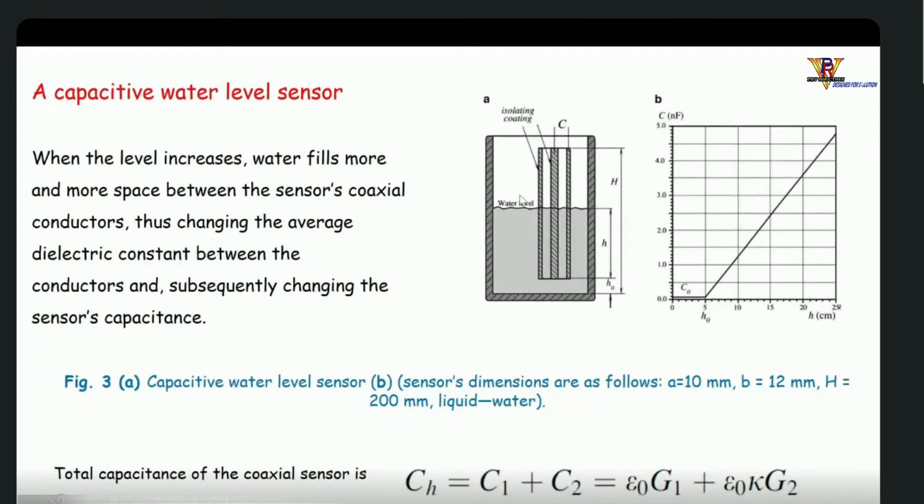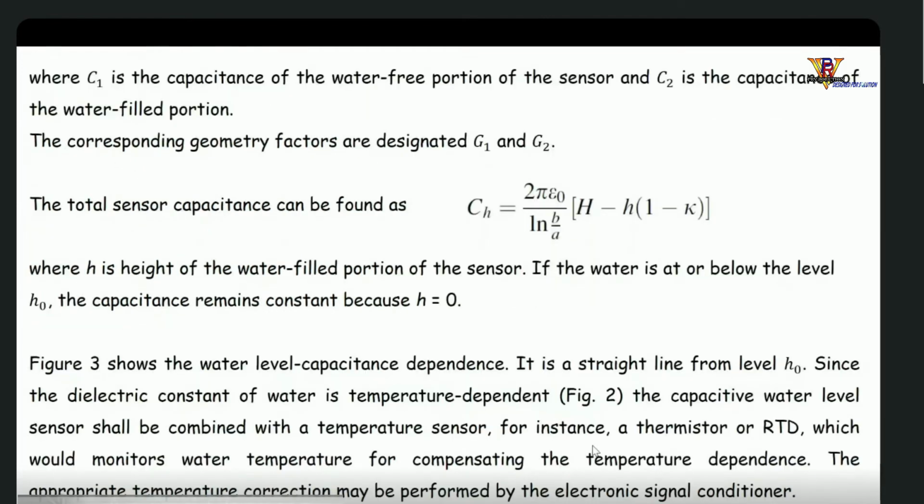There are two types of capacitor: one where the plates are filled with water, and second where they are filled with air only, with no water. These two capacitors correspond to these two regions. So C1 is the capacitance of the water-free portion of the sensor and C2 is the capacitance of the water-filled portion. The corresponding geometry factors are designated G1 and G2.